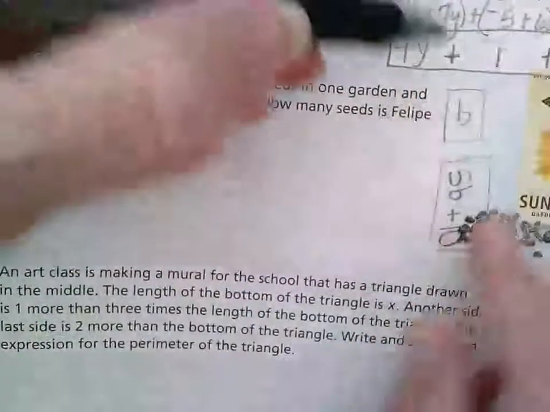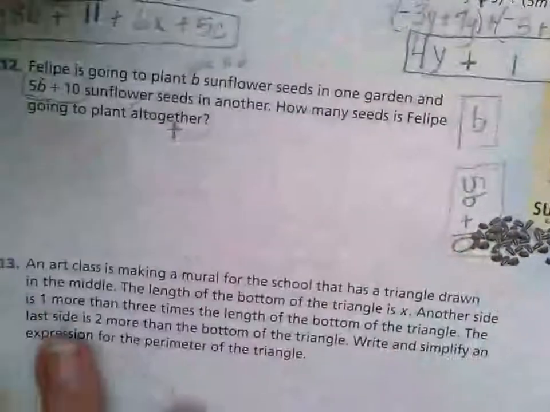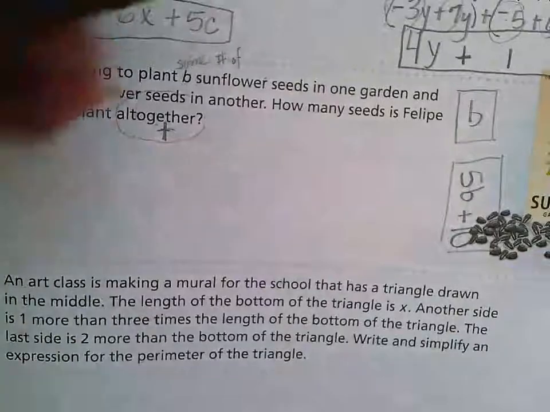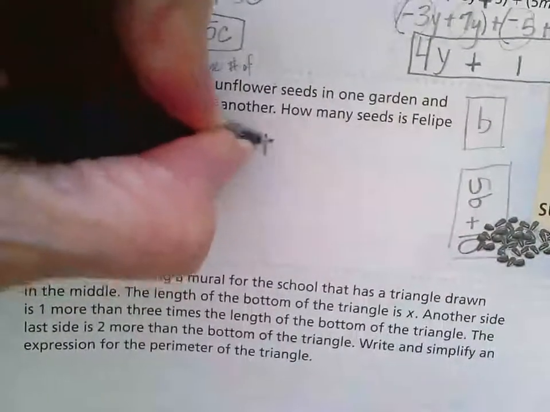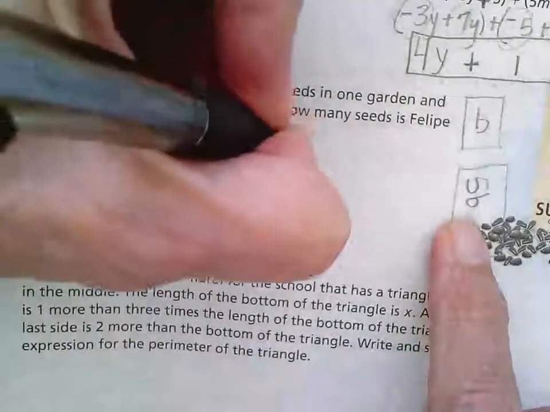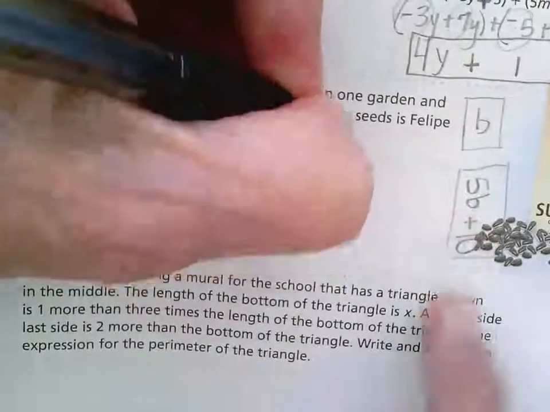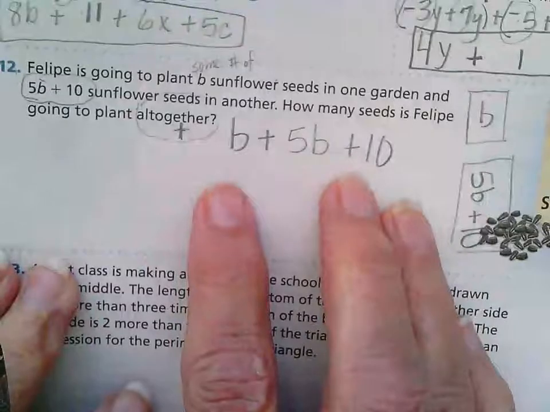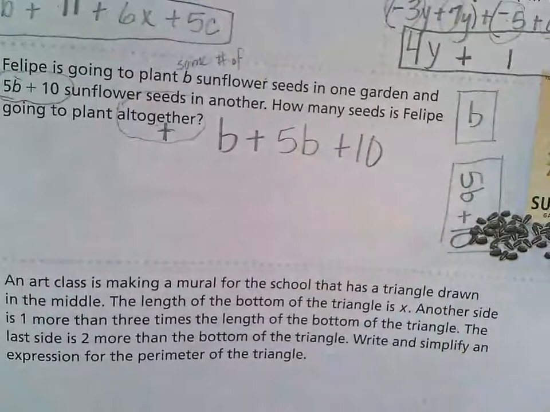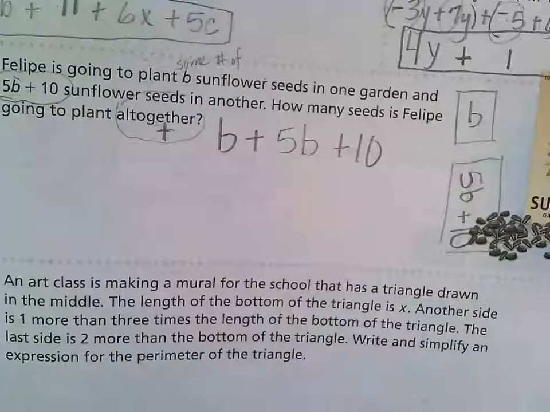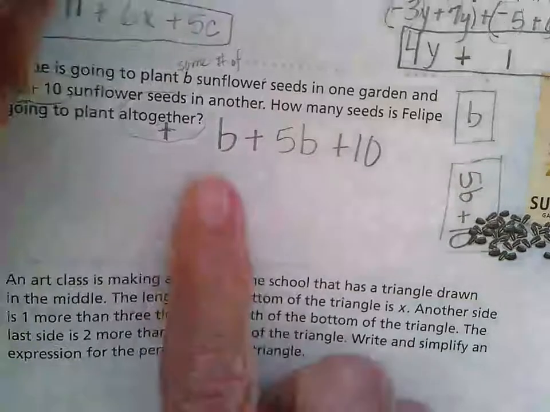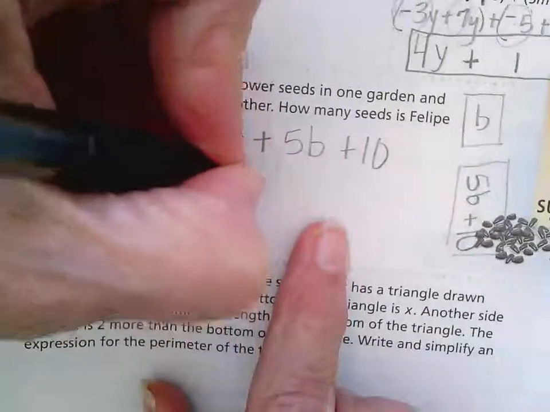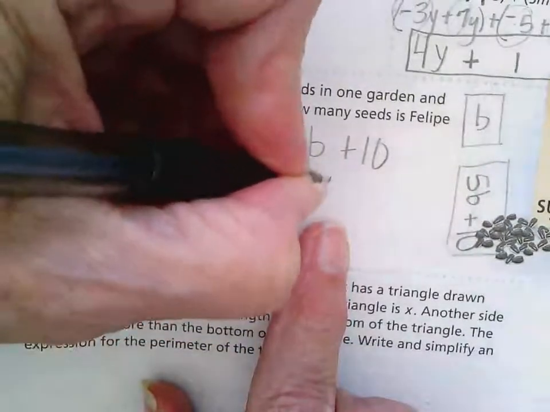And instead of writing them different directions, we're going to write them in the same directions. So we're going to take B plus 5B plus 10. And because this lesson is all about adding expressions, let's go ahead and simplify this and combine the like terms. I have 1B right here, and I have 5 B's there, so that's 6B plus 10.